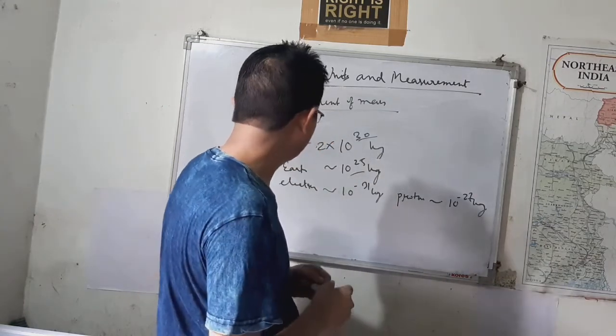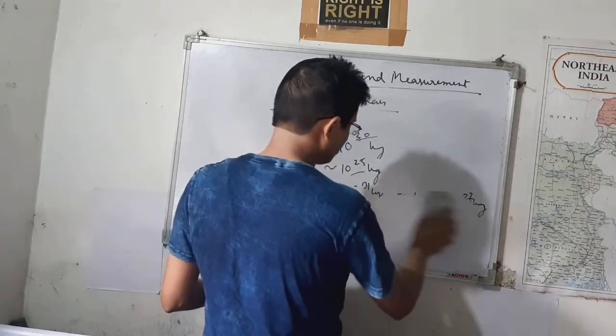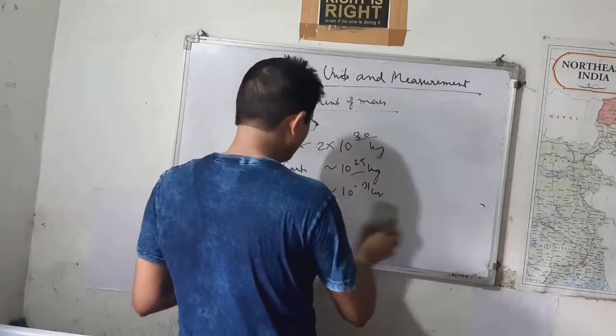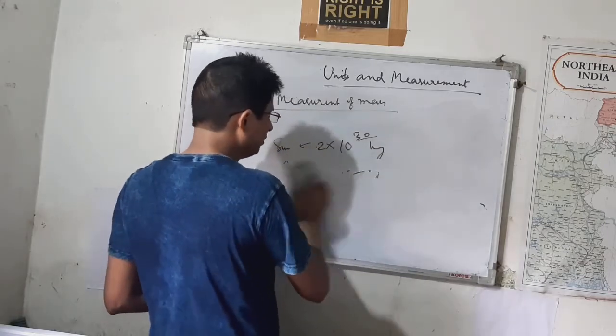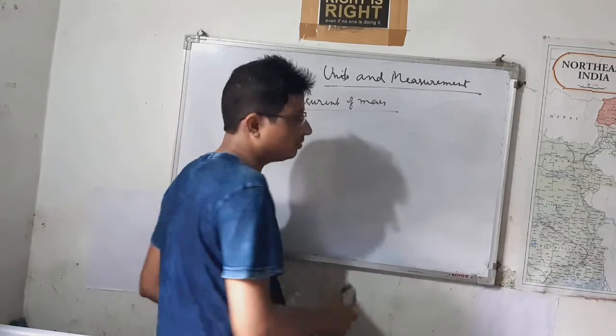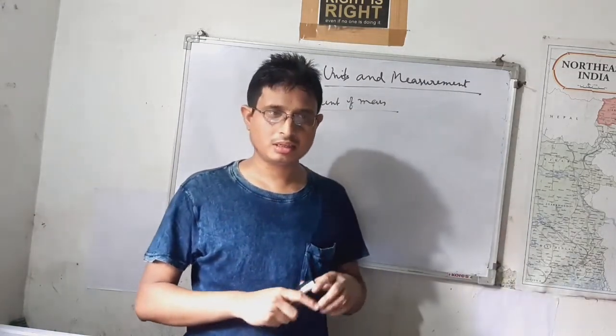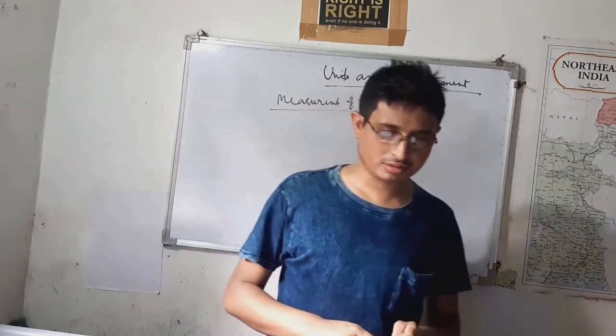So a large range of mass is available in our universe, from the electron to our observable universe. The mass has a different range of values.